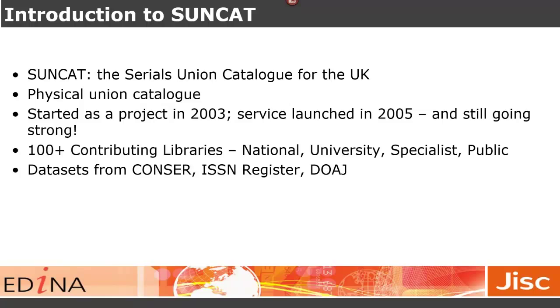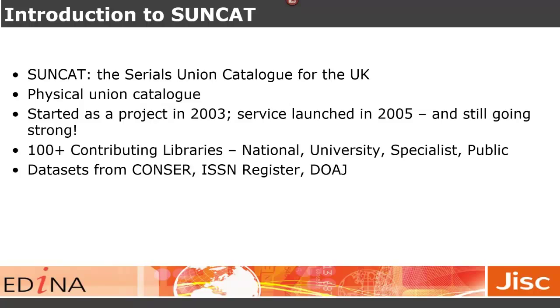Our contributing libraries range in size from having collections of hundreds of thousands of records to a few dozen. They range from the national libraries, such as the British Library and the National Library of Scotland, through university libraries, such as the collections held in Oxford, Cambridge and so forth, to some very specialist libraries, for example, the Wiener Library for the Study of the Holocaust and Genocide, the Royal Veterinary College, and the NERC Libraries, which is the Natural Environment Research Council.